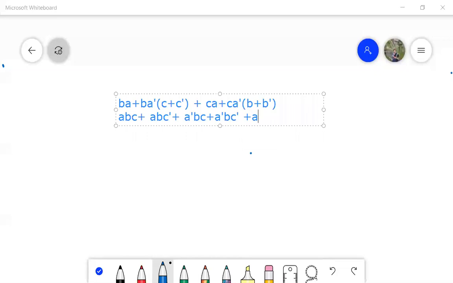It is ABC plus A B bar C plus A bar BC plus A bar B C bar.